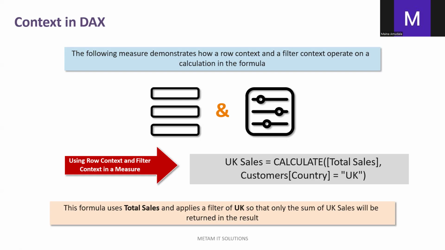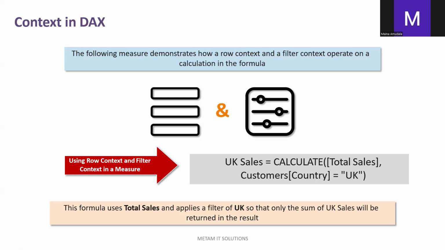CALCULATE is a function. Total sales is a column name, customers is a table name, and country is a column name. For the column name, I use it to select UK as the country. So I'm filtering the country as UK and calculating total sales.